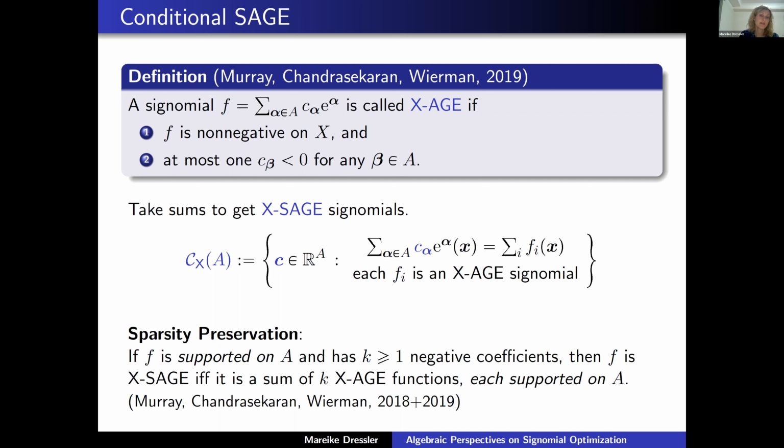By that, I mean, if f is supported on a certain set A and has, let's say, k negative coefficients, then f is X-Sage if and only if it is a sum of k X-H functions, and each of these functions is supported on A. So I do not need to enlarge my support set to get this decomposition. So we have some kind of a term cancellation free decomposition here.